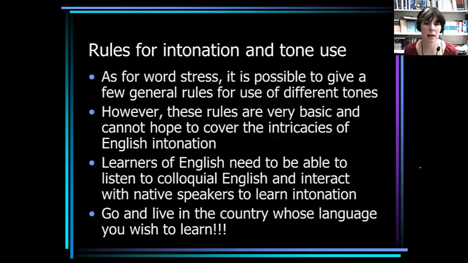Now, what is the case is that learners of English need to be able to listen to colloquial English and interact with native speakers in order to be able to really learn intonation, to acquire, if possible, the patterns, to work out what's going on. So Roach says the best way to learn intonation is to go and live in the country whose language you wish to learn.